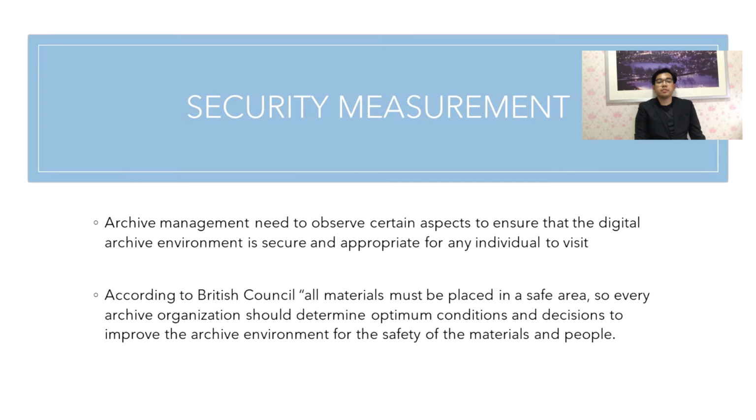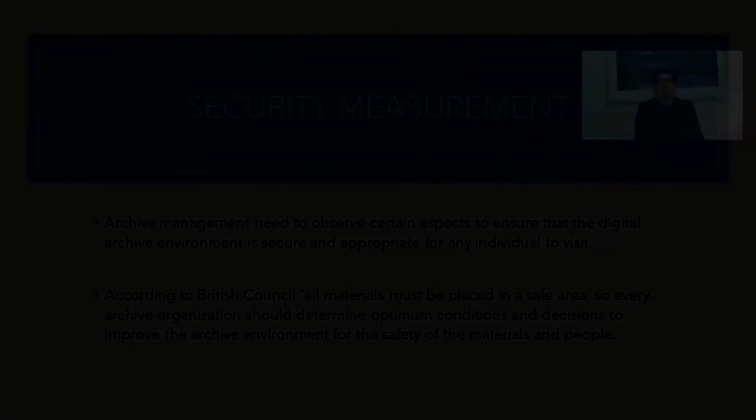According to the British Council, all material must be placed in a safe area, so every archive in an organization should determine the optimum conditions and decisions to improve the archive environment for the safety of the material and people.